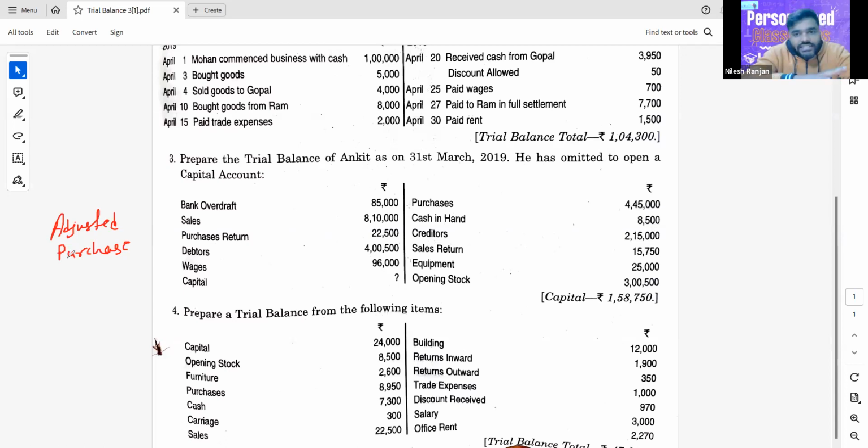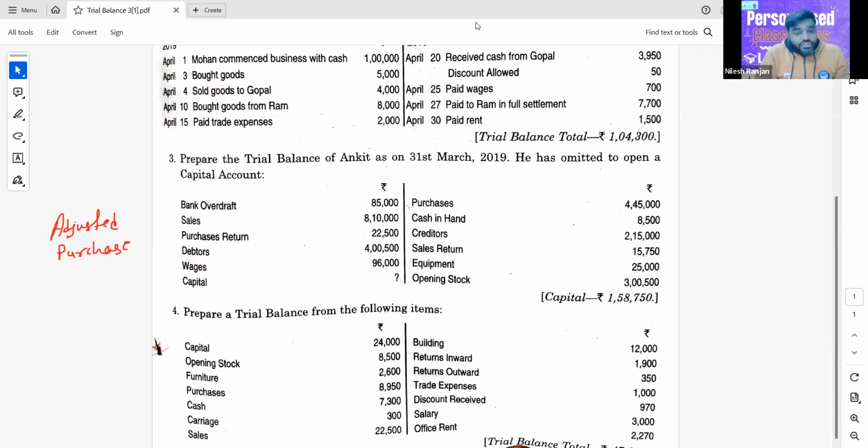Will you tell this sentence to someone when you are paying the full amount? No. So these are things used in normal life also. If you focus on general life terms, then you will understand these things.